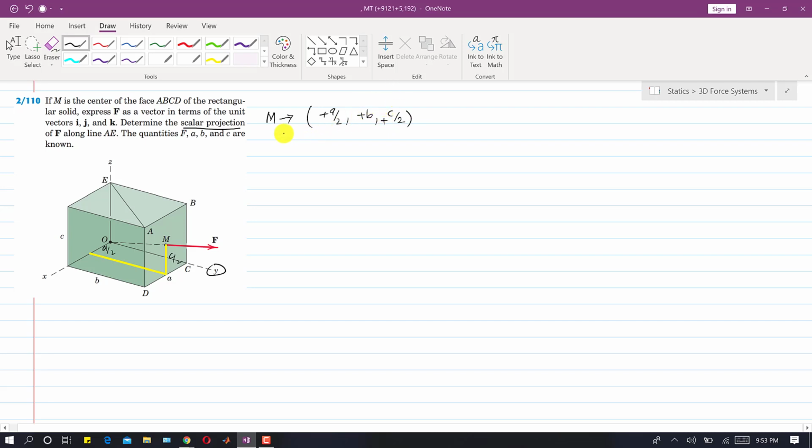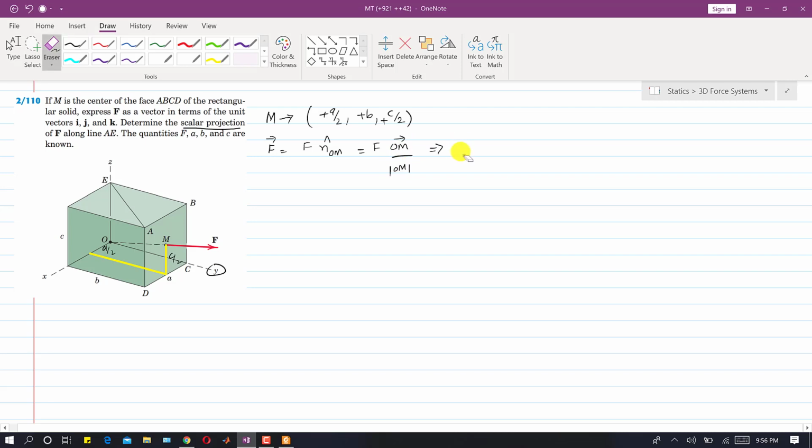So we will find the F vector. F vector is equal to F magnitude multiplied by the unit vector, and the unit vector will be OM vector divided by OM magnitude.